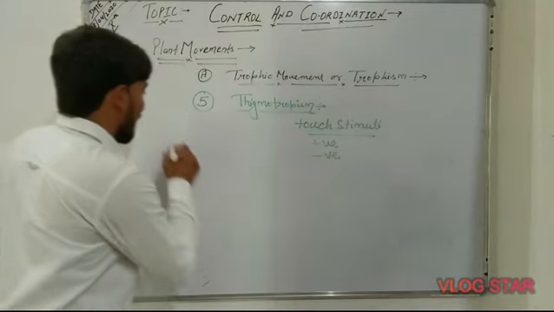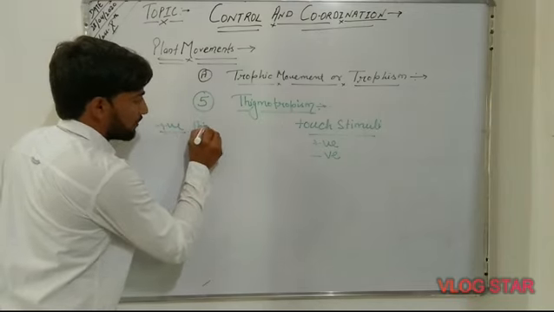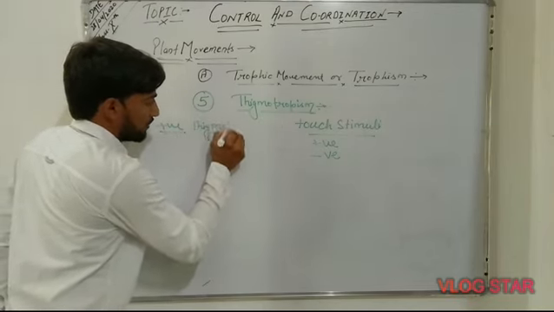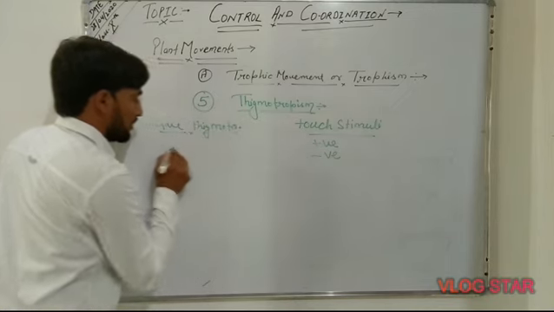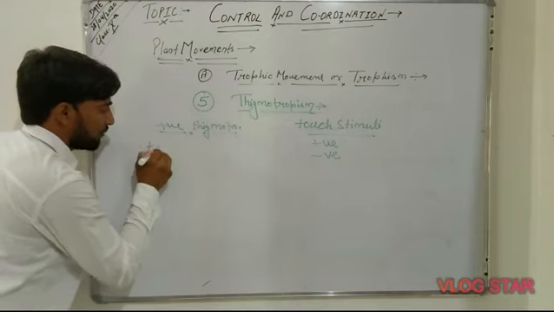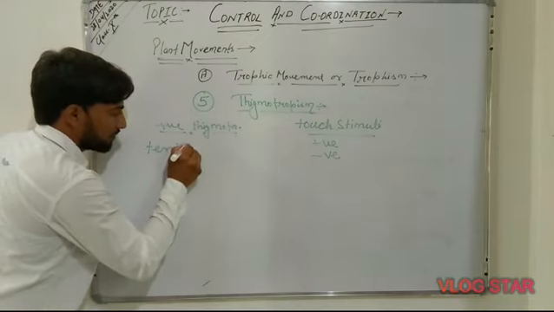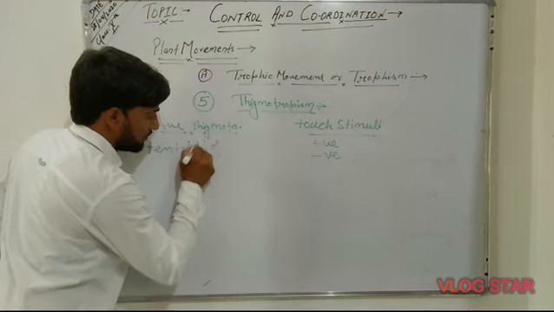Here, the example of positive thigmotropism is the cucurbita, or you can say the tendrils of cucurbita.